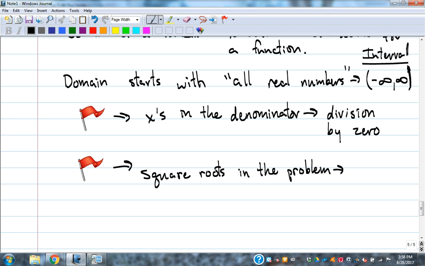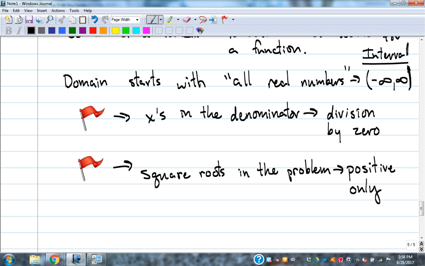If there's a square root of a negative, that's where the imaginary number system, or the complex number system, comes from. The i comes back into the work, and that always makes it weird. So if we're dealing with functions, if we have a square root with a variable inside there, we need everything to be positive only. We can't have a negative inside the square root. So that's going to be a red flag: if we see square roots, we see a variable inside of that square root, we got to think, okay, things inside of that square root can only be positive. So that's going to affect our domain.